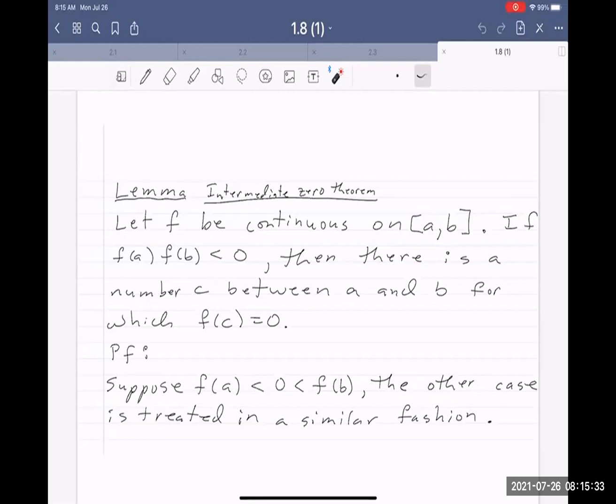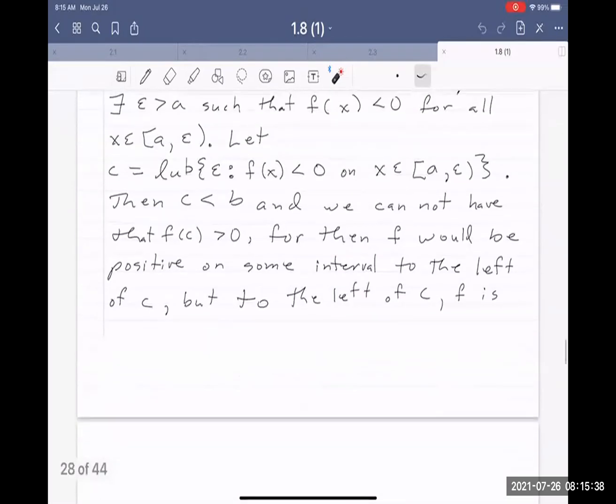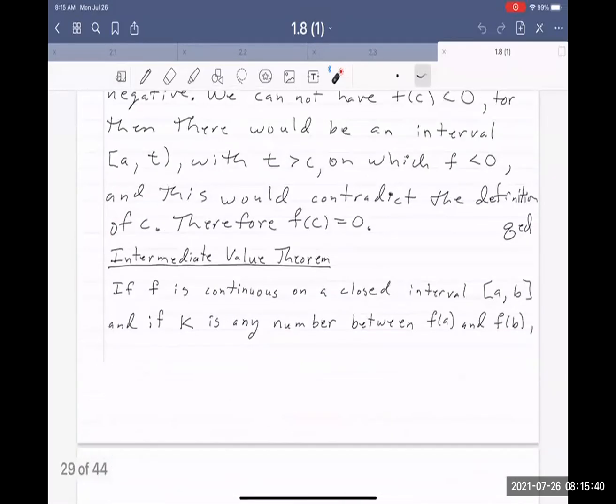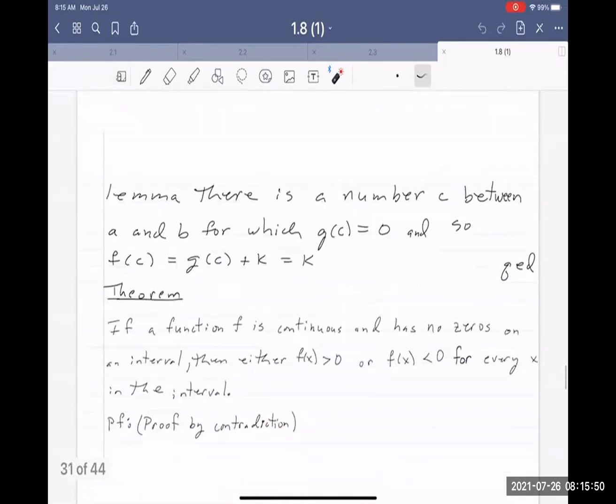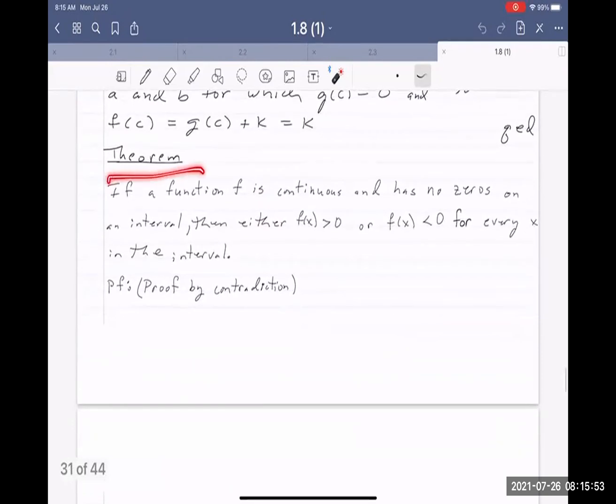So it turned out that the intermediate zero theorem, and therefore the proof of the intermediate value theorem, which was really dependent on the proof of the lemma, and this theorem here saying that if you don't cross the x-axis, you're always above or below the x-axis, as long as you have continuous functions and it's on a real interval.